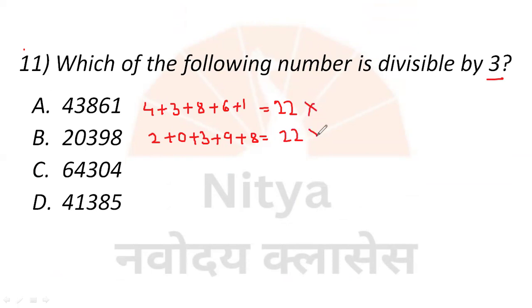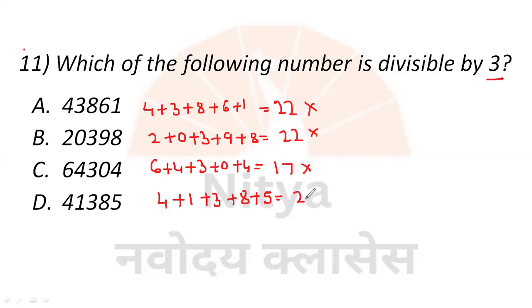So this is also not divisible by 3. And option C, check 6 plus 4 plus 3 plus 0 plus 4. That is 17. So 17 is also not divisible by 3. So the last option, 4 plus 1 plus 3 plus 8 plus 5 is equal to 21. So 21 is divisible by 3. So option number D is the answer.